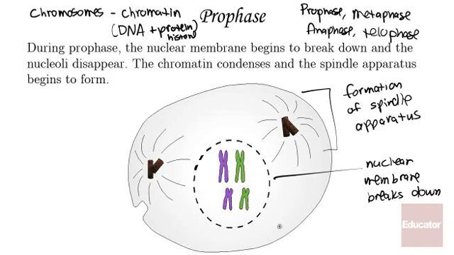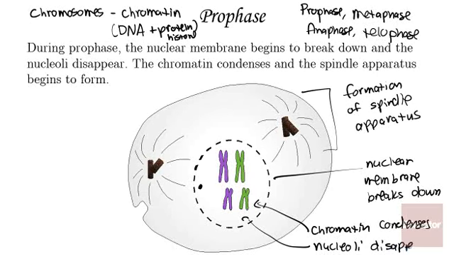So three major events: formation of the spindle apparatus, breakdown of the nuclear membrane, and the chromatin condenses. One other thing happens. The nucleoli disappear. So there were some nucleoli visible in the nucleus, but now they disappear. Okay, so that is prophase.